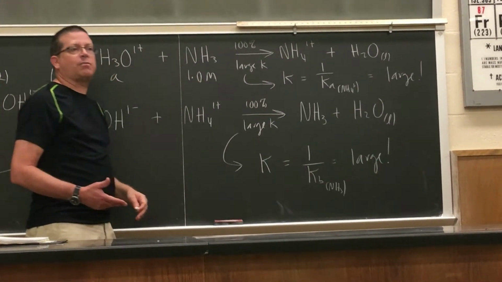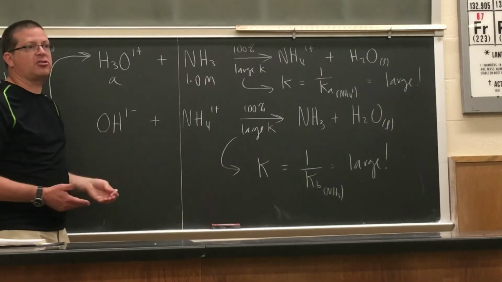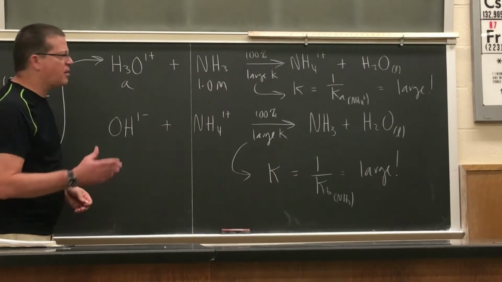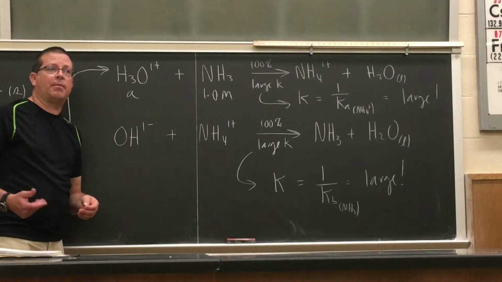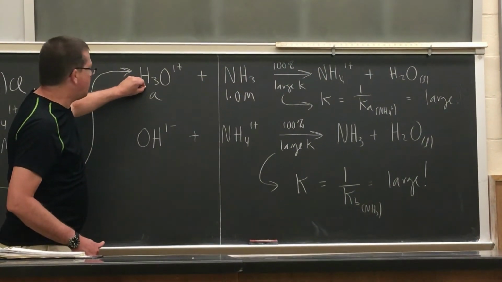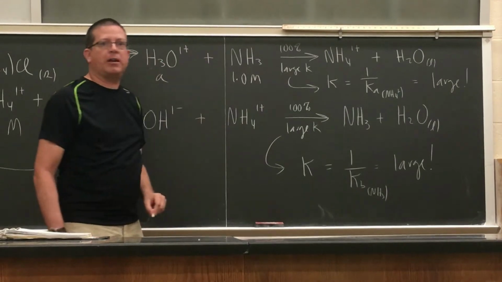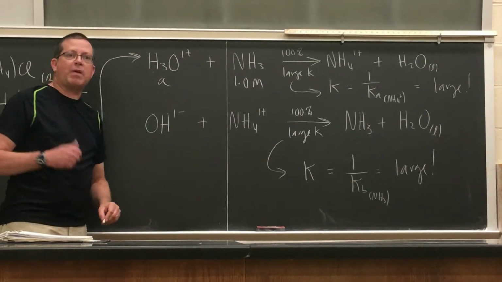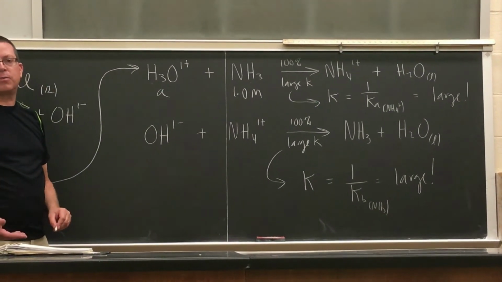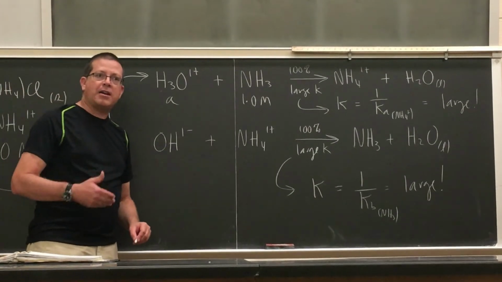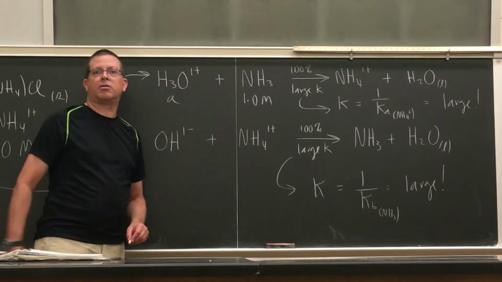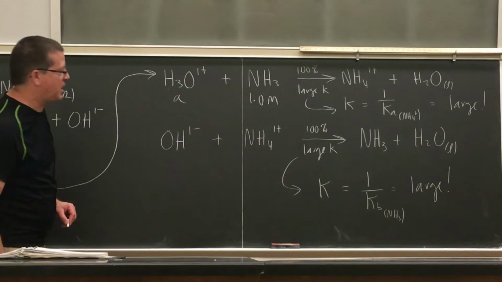So for our first approximation, we can assume that this reaction goes 100% to the right. Another way of stating this as a rule of thumb is if you have a strong component, like hydronium ion, reacting with a weak component, such as ammonia, we can make the assumption that the reaction goes 100% to the right. So weak plus strong goes 100% to the right as a first approximation.